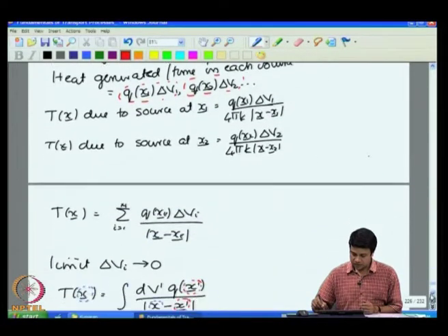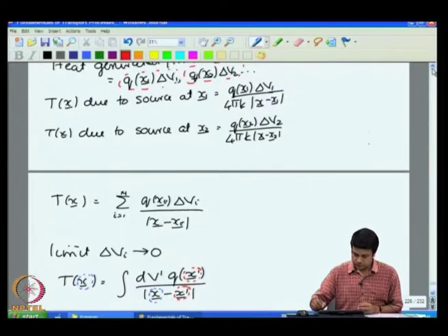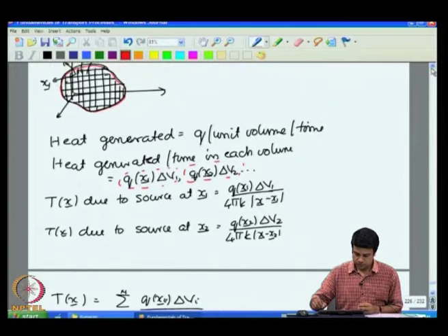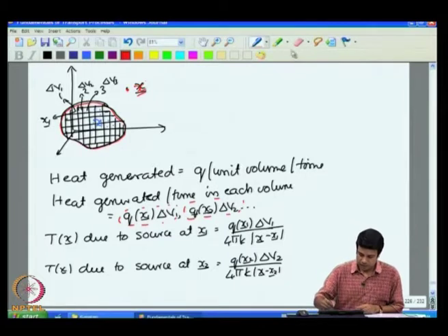Therefore, you can add up the temperatures due to each of these individual sources, and in the limit as delta V goes to 0, you can convert this summation into an integral. So, for this system, T at the location x is equal to the integral over x prime. Note that here x prime is the location of the source points, and x is the location of the observation point, the position at which you are measuring the temperature field.